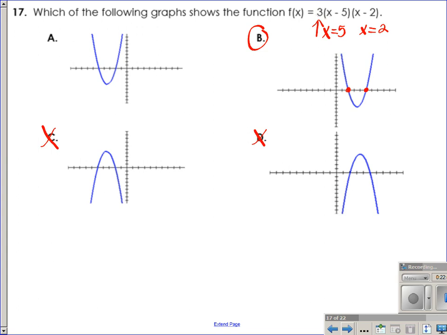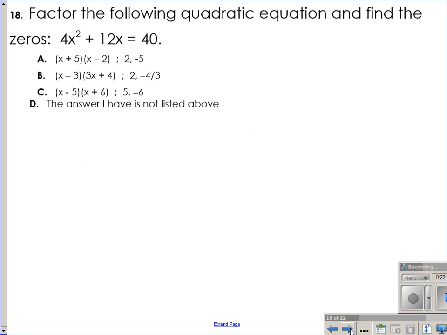Okay? Number 18 wants us to factor this quadratic equation. But the way it's written right now, we don't like it. We need everything on one side. So what I'm going to do is subtract 40 from both sides so that I can move it over to the left. And when I rewrite my equation then, it's 4x squared plus 12x minus 40 equals 0.